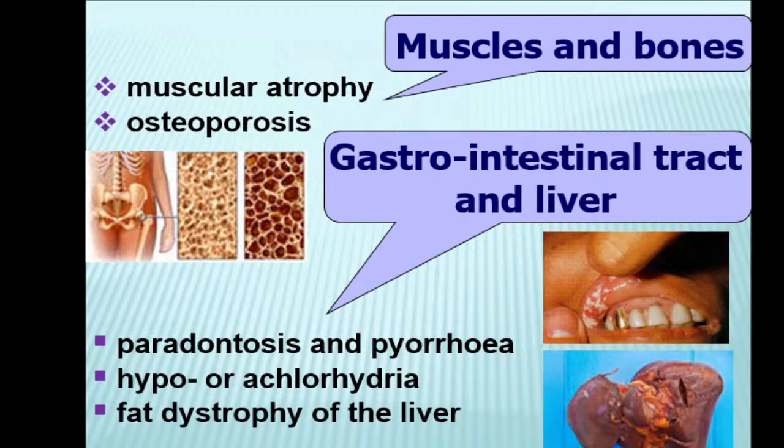As a result, inflammation of gums, parodontosis, inflammation of the neck of the teeth, pyorrhea, decreased activity of the gastrointestinal tract glands, hypo- and achlorhydria, as a result different dyspeptic disorders, and we said about fatty dystrophy of the liver, hepatosis.